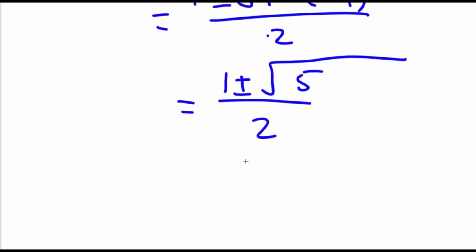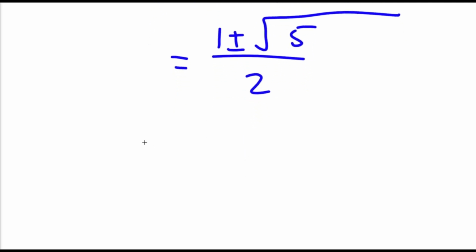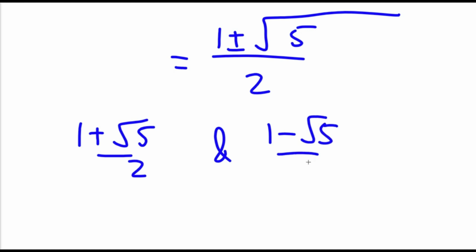So now this gives me two solutions. I have 1 plus the square root of 5 over 2, and I have 1 minus the square root of 5 over 2. However, this is less than 0, so this will not work.